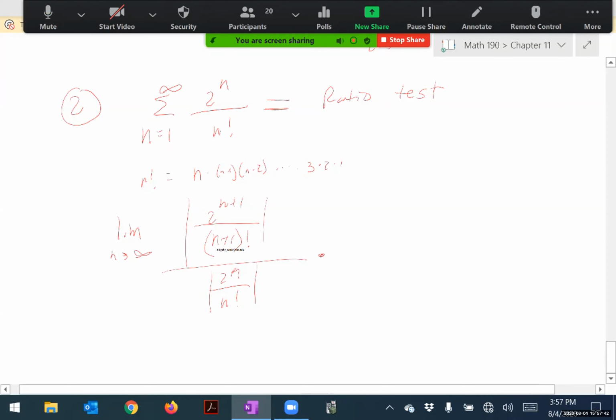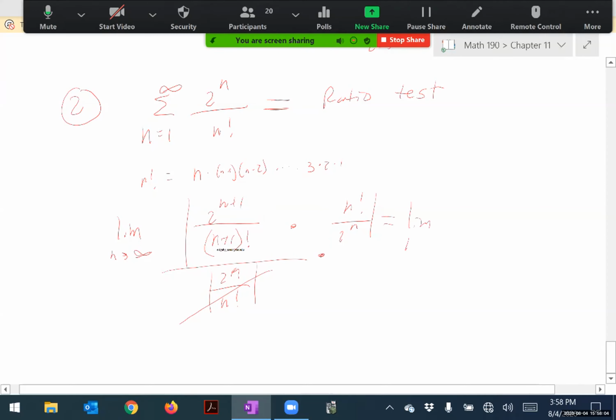So I'm going to flip this upside down and multiply, n factorial over 2 to the n. I can bring them all inside one absolute value. There we go.